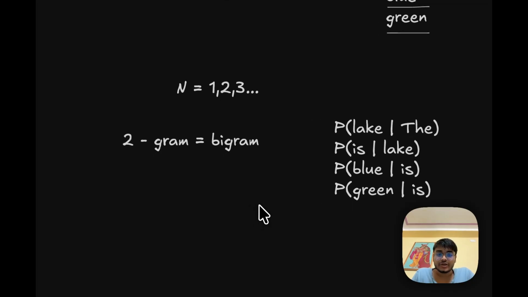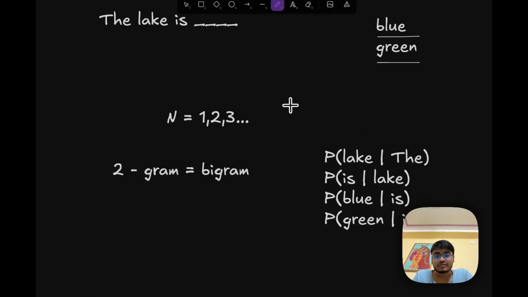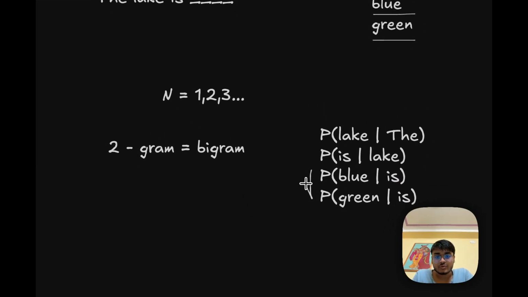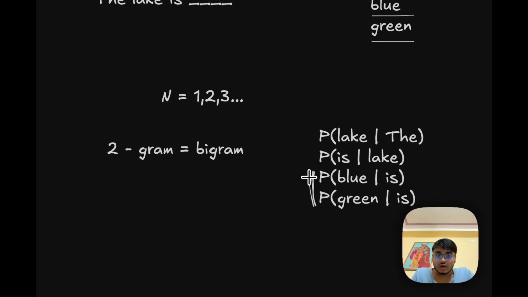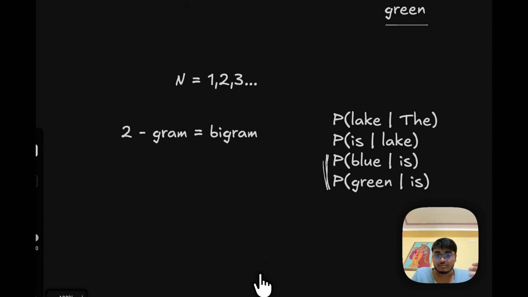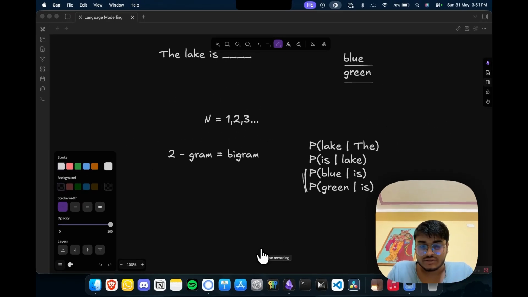Between these two, whatever probabilities come, we're going to put them inside the bigram.